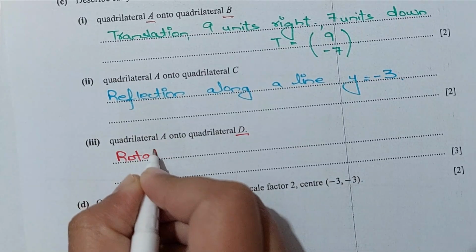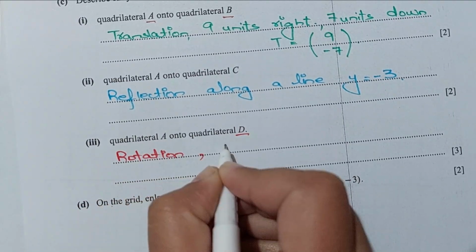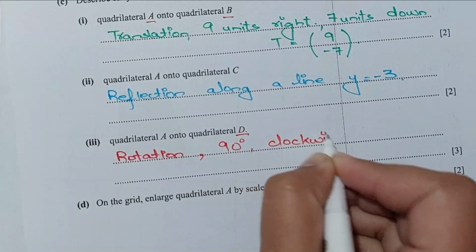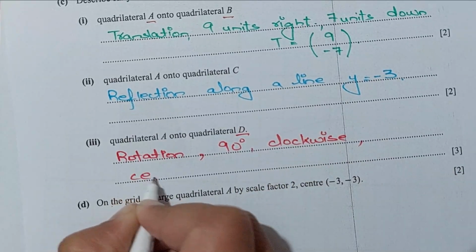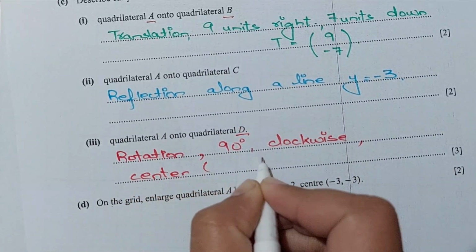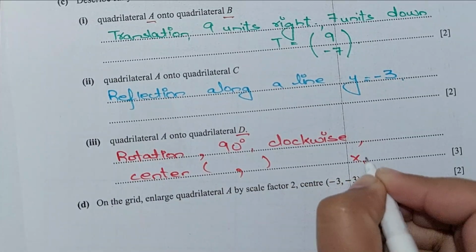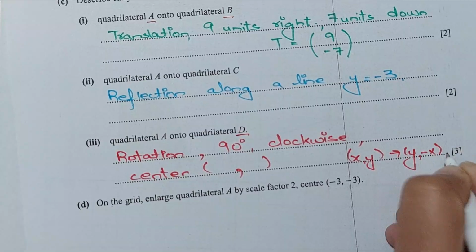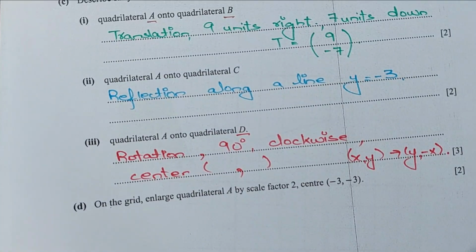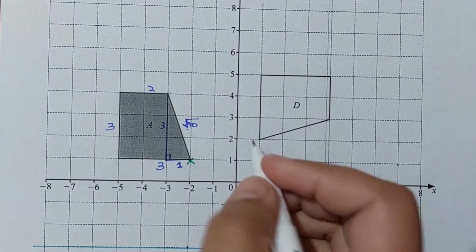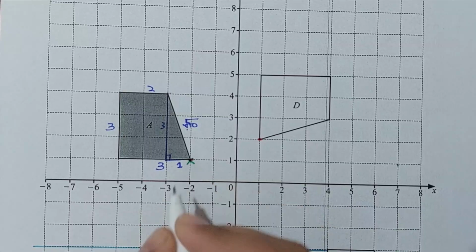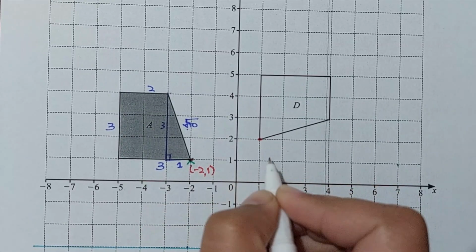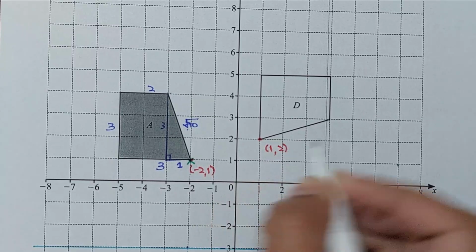It is a rotation of 90° clockwise about the center. Okay, so keep in mind that when (x, y) changes to (y, -x), the center would be the origin. The center is the origin. So fix this coordinate. This x coordinate is -2 and the y coordinate is 1. Here the x coordinate is 1 and the y coordinate is 2.